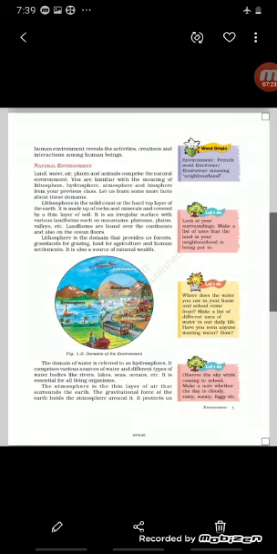Okay, for example, if you throw a ball in the air, it comes down or it falls down. It's because of the gravitational force of the earth that the ball falls down.